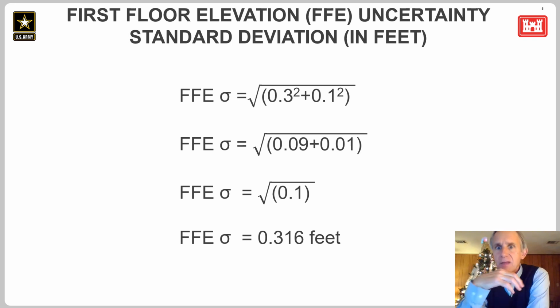If you use LiDAR, there'll be a different error associated with that, and you just plug it into this formula, and then the error that you calculate associated with your foundation height, you'll get a standard deviation with that. Put it here, and you can add them up and enter that into the model. So that's risk assessment, of course, and we just showed how you calculate the uncertainty surrounding your first floor elevation.